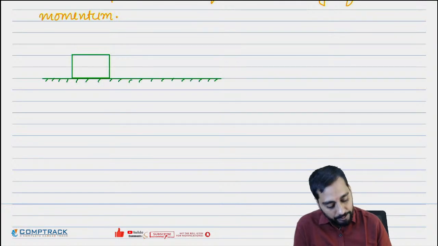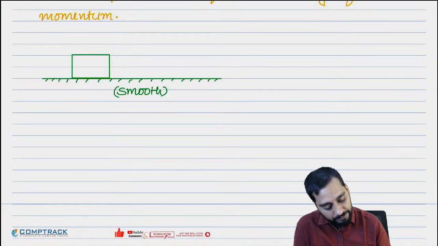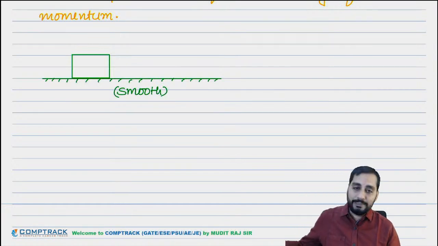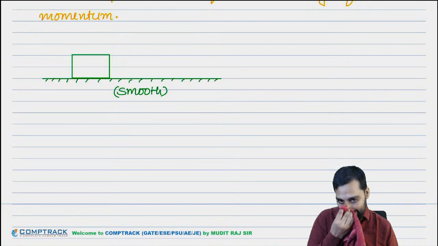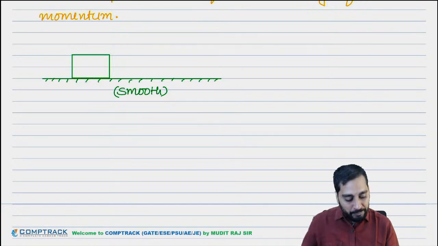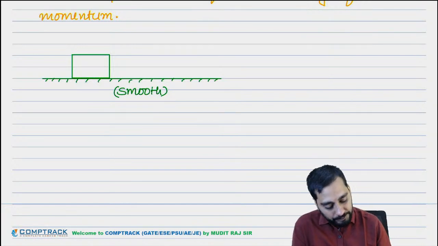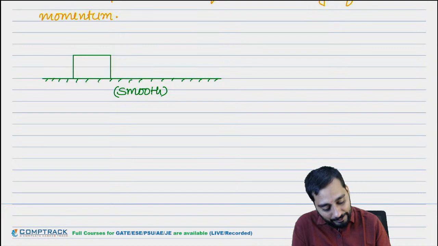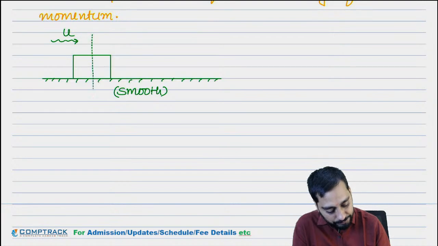The surface is perfectly smooth, so no friction, nothing is there, and it was initially moving with some initial velocity u like this. So initially it is having velocity u at this position.